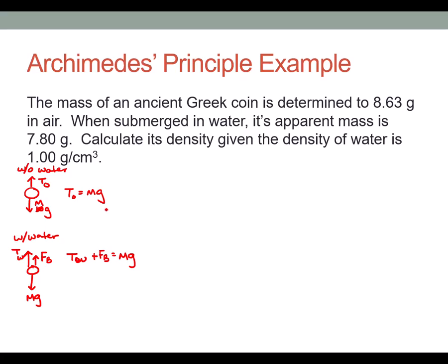But now we can make a substitution because mg is just what we had before. So now we have TW plus FB, the buoyant force, equals TO. Which means that the buoyant force can be written as the tension in our string when the coin is out of the water minus the tension in the string when it is in the water.